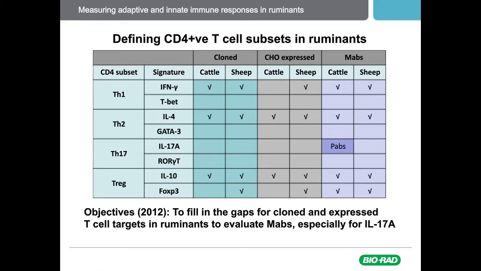What they do allow us to do is definitively ascribe activity of monoclonal antibodies. So do those monoclonal antibodies recognize the gene product that we are interested in?